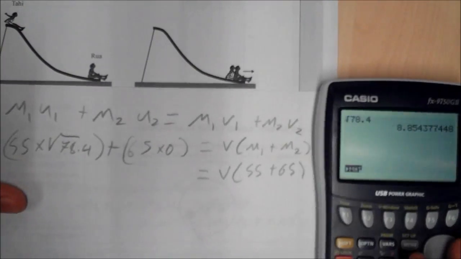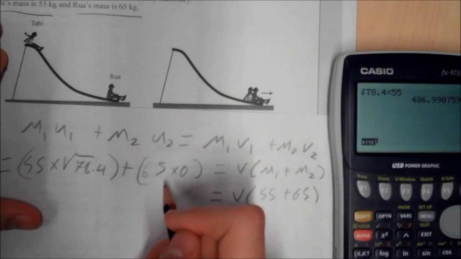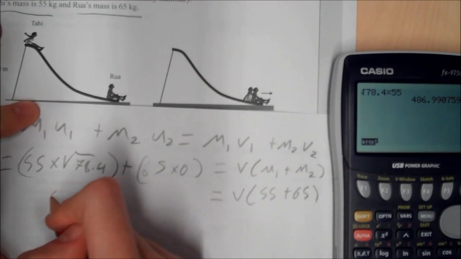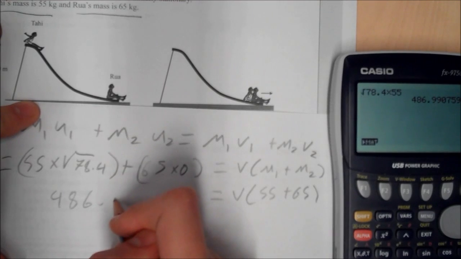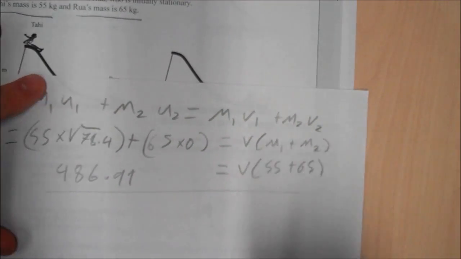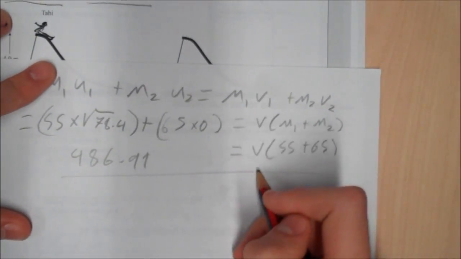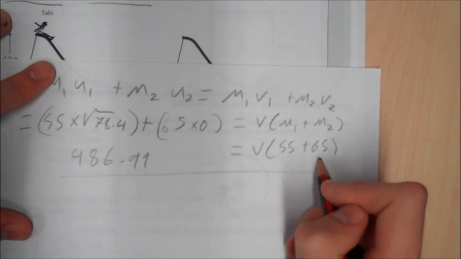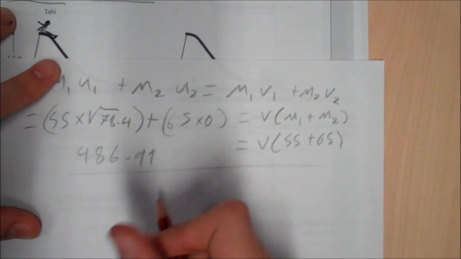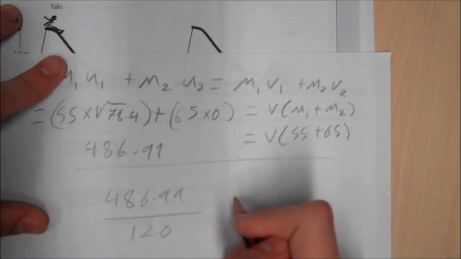So if we work out this here, times 55, and anything times 0 is going to be 0, so this is equal to 486.99, and 55 plus 65 is 120. So we can divide both sides by 120 to find velocity: 486.99 divided by 120 is equal to v.